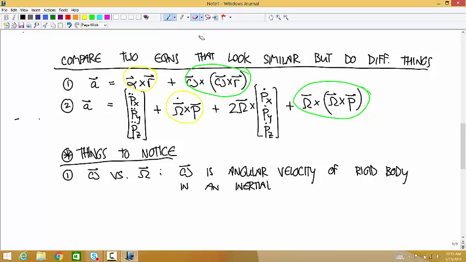Or actually, just to be a little more inclusive, it's the angular velocity of a rigid body in a non-rotating coordinate system.